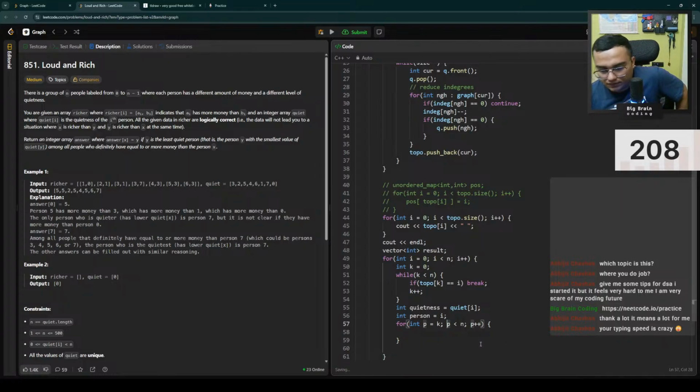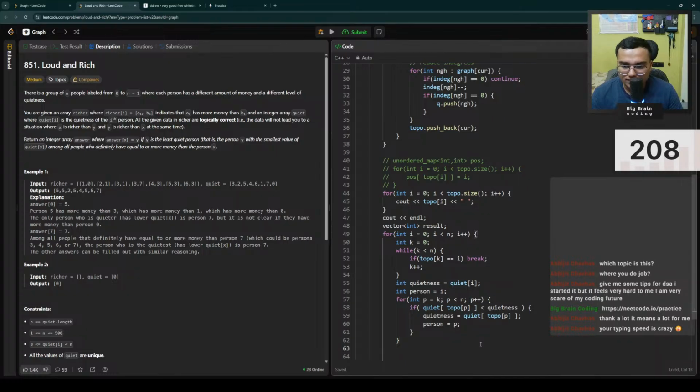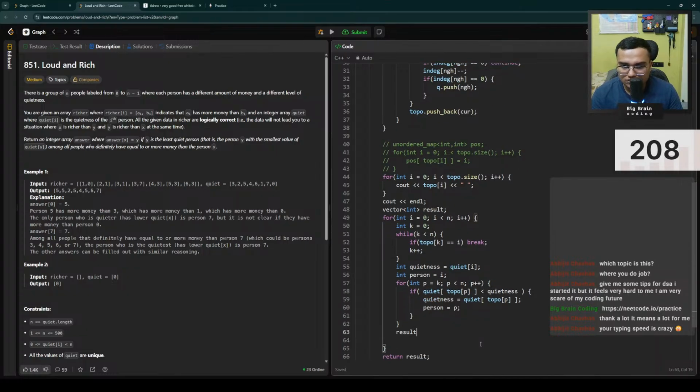Then starting from k up until the last, if quietness of topo of p is less than quietness, then basically this value changes and person becomes p. At the end, result dot push back person.